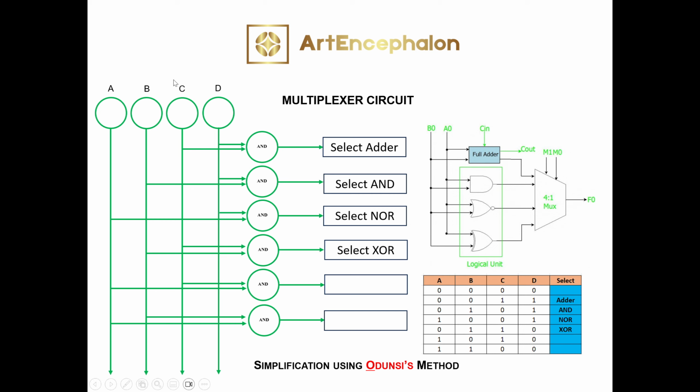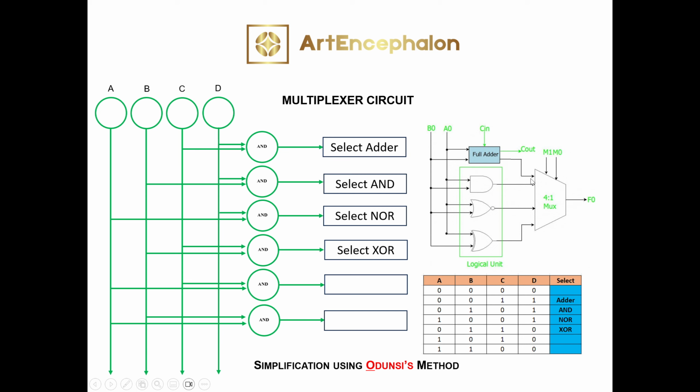So in our multiplexer situation, we are going to have 4 inputs, but each of those can only bring in 2 bits at a time: either C and D, B and D, A and D, B and C, or A and C. Those 2 bits uniquely select one of these neurons. So when you bring in, say, C and D here, this AND neuron will be selected, and the selector will pick the adder.